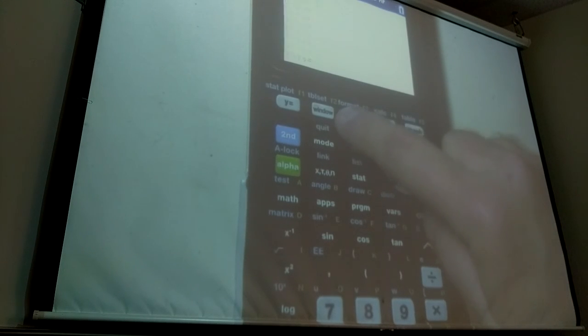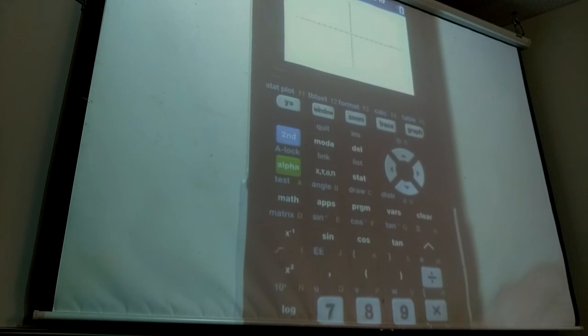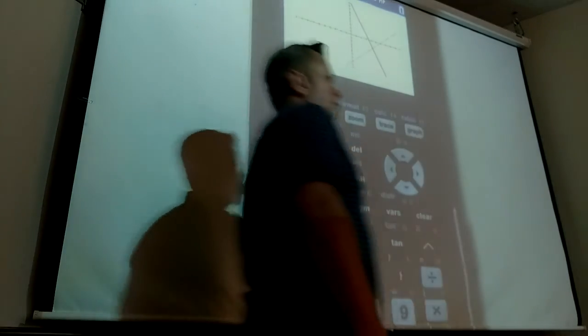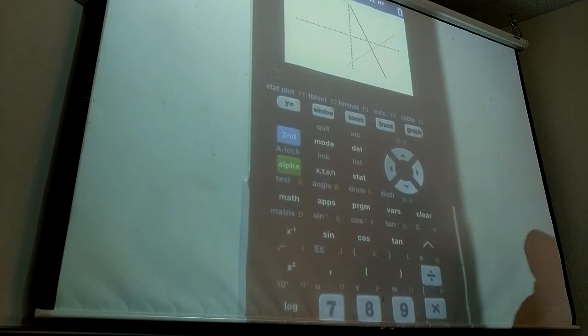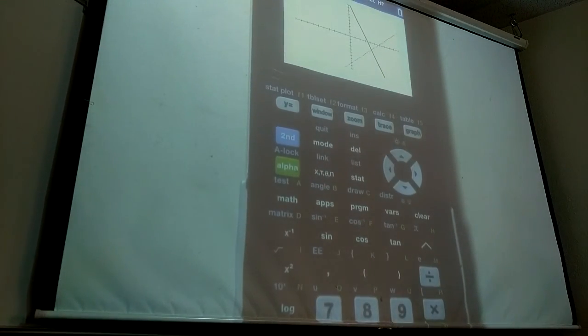Now if I hit zoom 6, it'll take me to a standard window so I won't get all freaky stuff. Zoom 6. Invalid what? Somebody was using this for statistics.